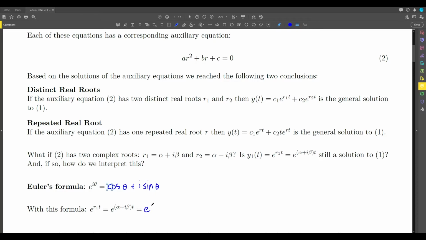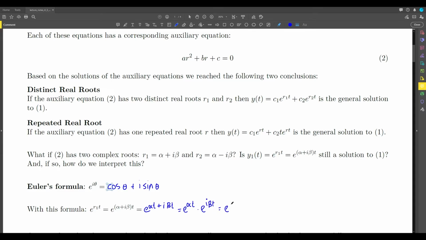I'm going to distribute the t here, so I get alpha t plus i beta t. And then I'm going to use a property for exponents, and write this as a product of e^(alpha t) times e^(i beta t).